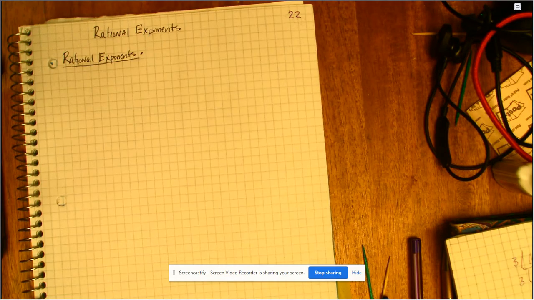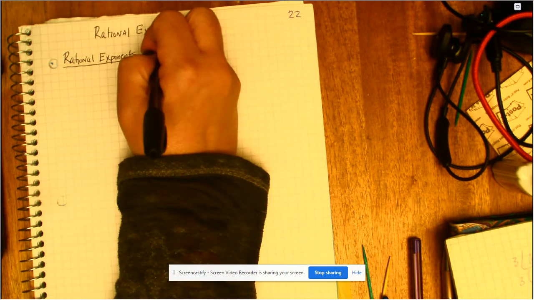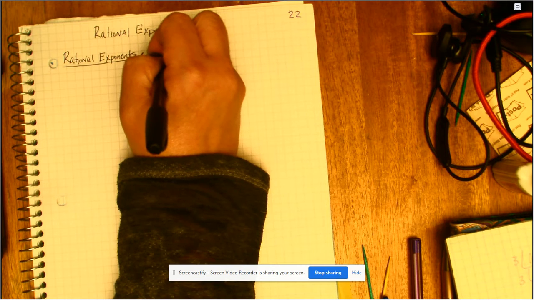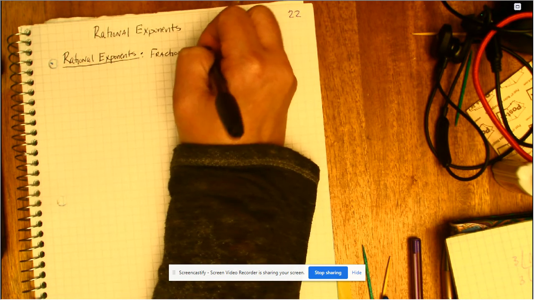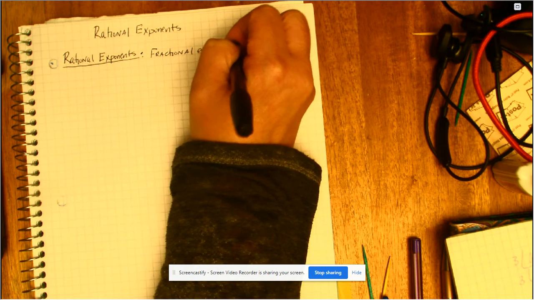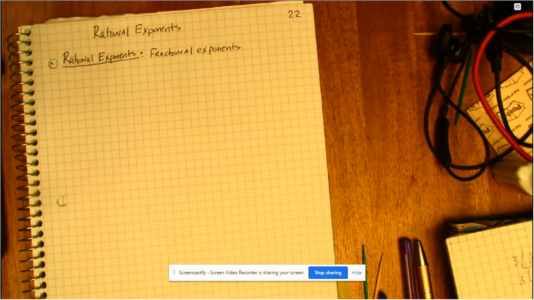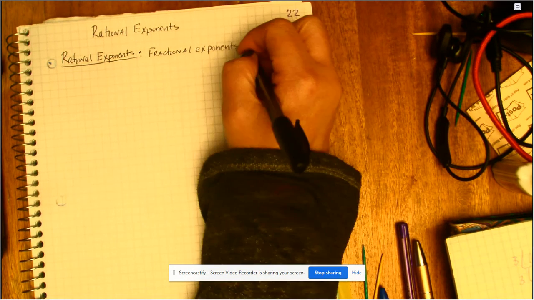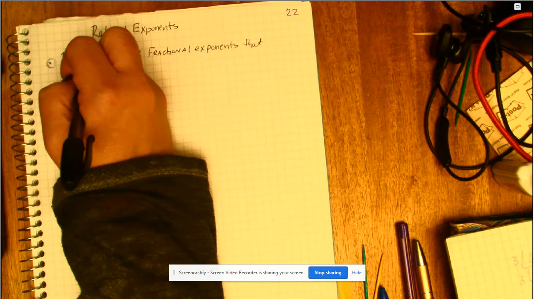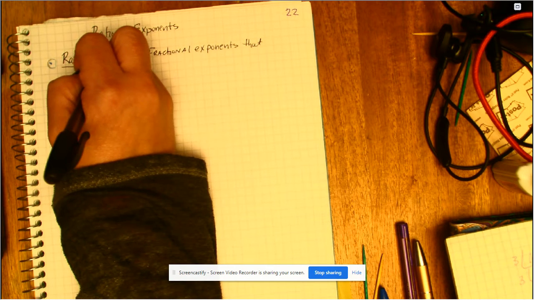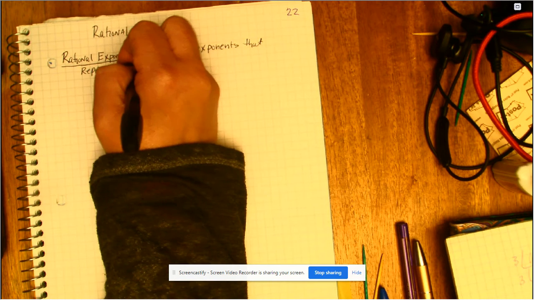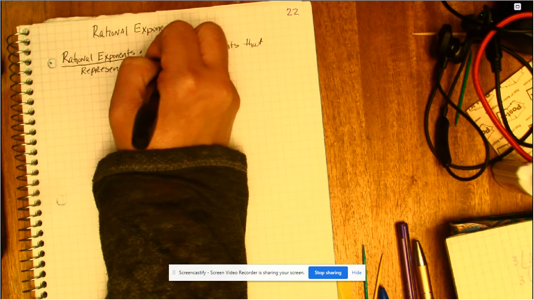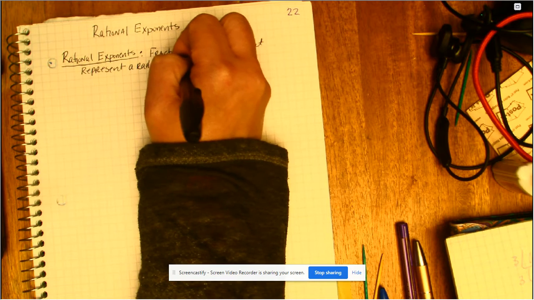So rational exponents are fractional exponents that represent a radical computation.